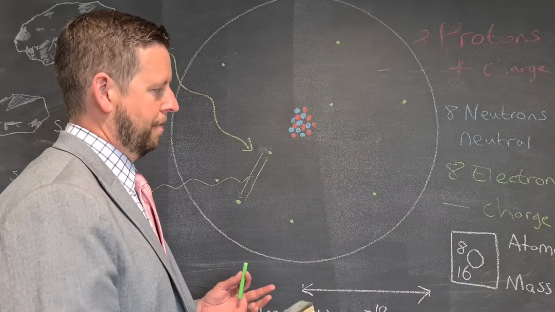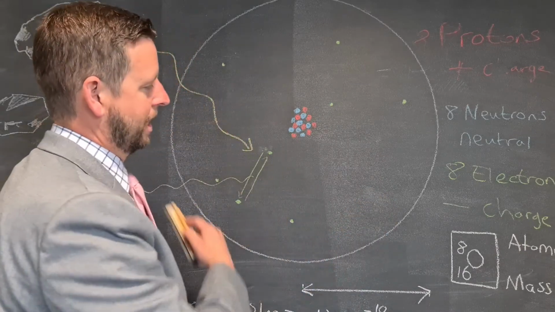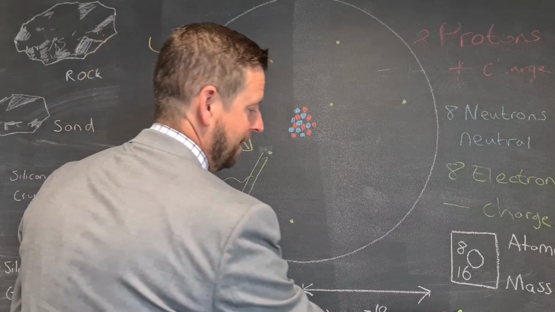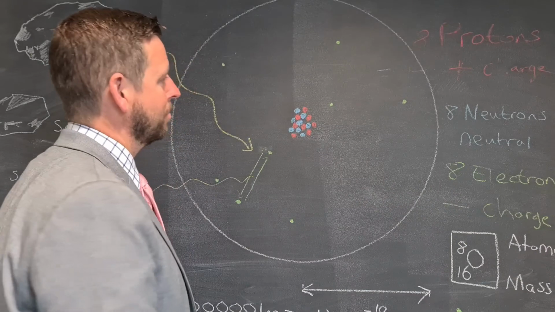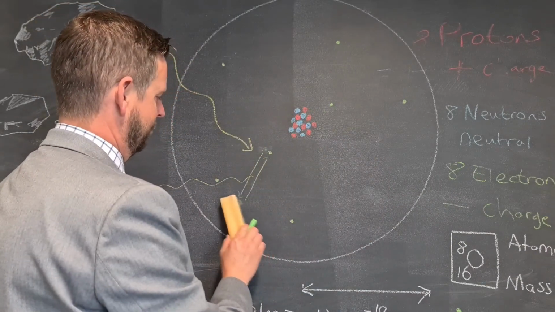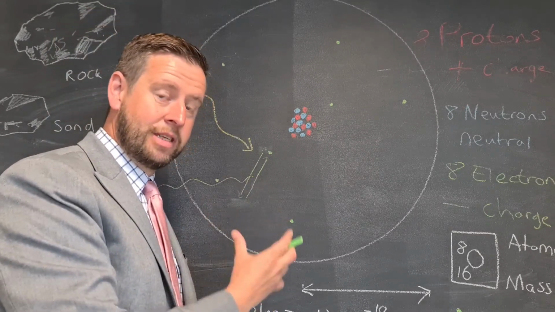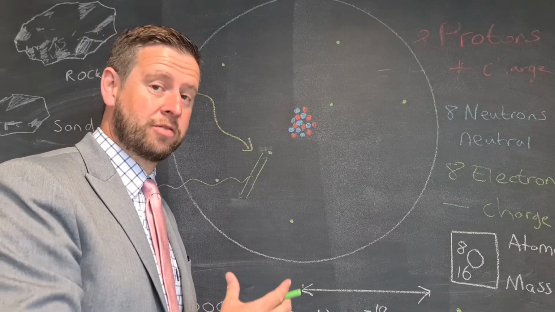What would happen if we lost one of these electrons? What if it was given so much energy that the electron completely departed from this atom and was now external, cast away? Well, now you would notice there are only 7 electrons around this nucleus, with 8 protons and 7 electrons.